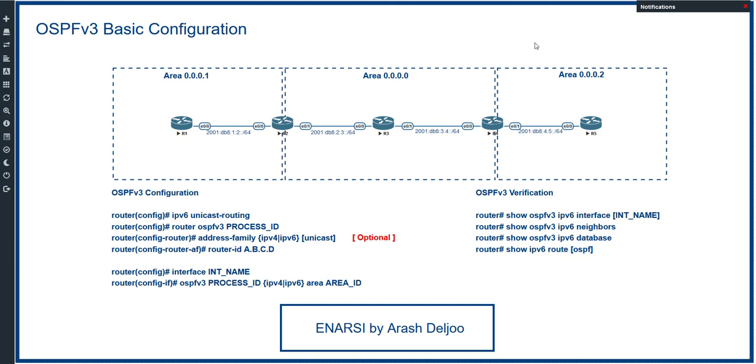Again, here we have all of these benefits. Because of that, you know about OSPFv3's basic function, but now we are trying to learn about the configuration, verification, and step by step about the details of OSPF version 3.